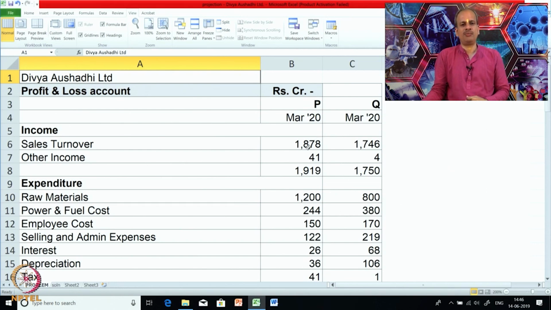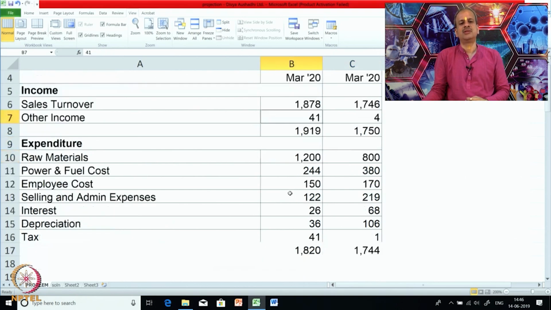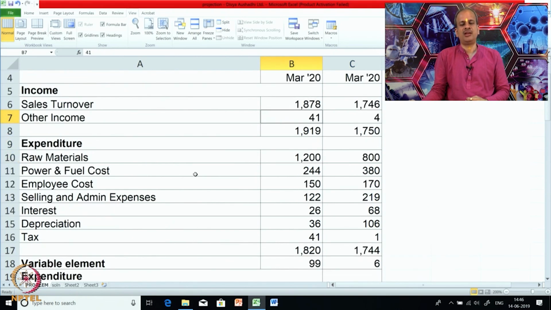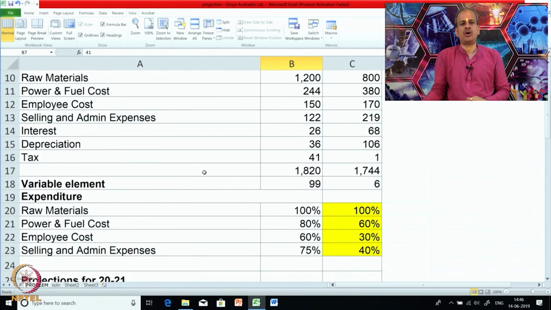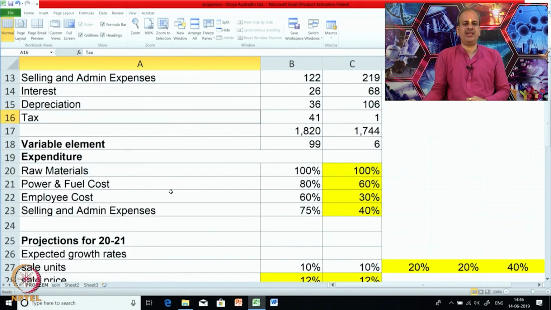So for these two companies P and Q, we have got sales turnover, other income, then raw material, power, fuel, employee cost, selling, interest, depreciation, taxes. The percentage of variable element is given.